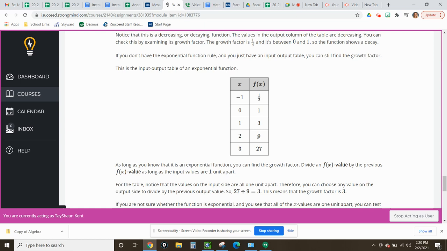So we're just going to divide to see what's going on here. For example, 27 divided by 9 is 3. 9 divided by 3 is 3. 3 divided by 1 is 3. 1 divided by 3 is 1/3. So the growth factor here was 3. So here they wrote that growth factor is 3.